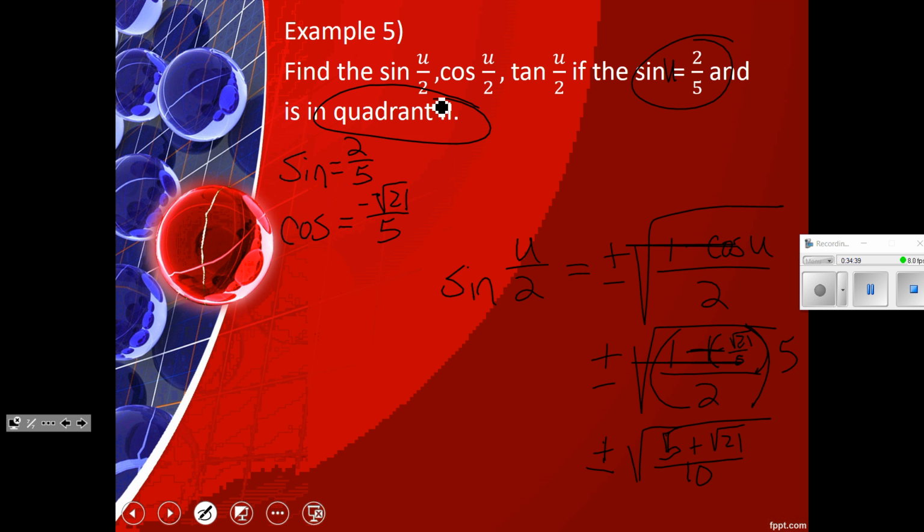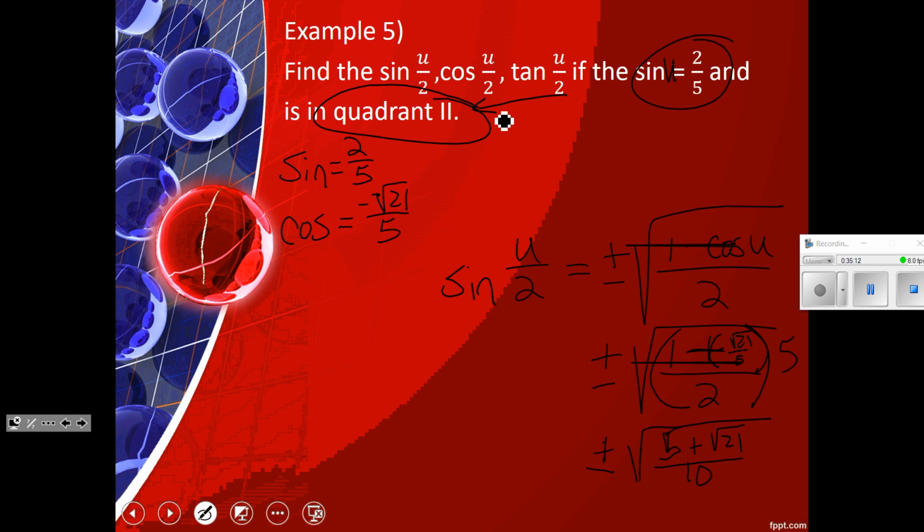A minute ago, when we plugged in 135 for u, that's what we used in the formula, but at the end we actually took the sine of the half angle of that. This is where I was starting in the beginning, where I said you've got to know where the half angle is going to end. So if I'm starting in quadrant 2, and I half it, where will I end?